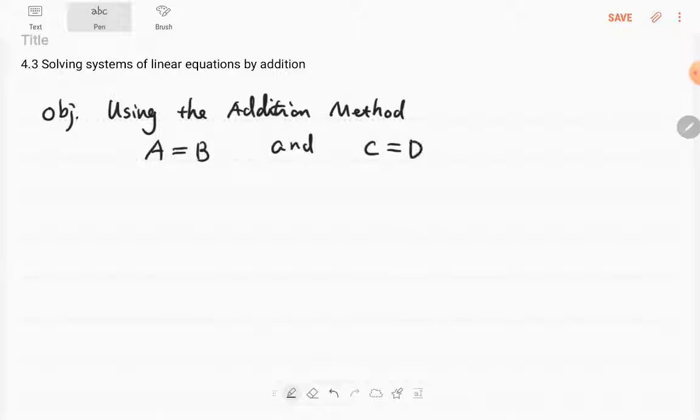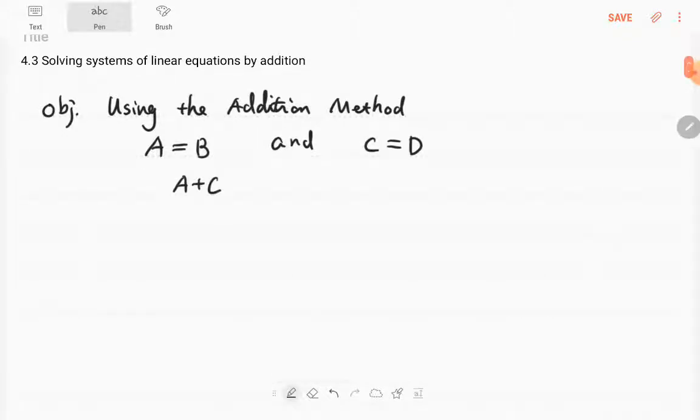If C is equal to D, by using the property of equality, we will get this conclusion: A plus C equals B plus D. So you can treat left side plus left side, right side plus right side. The equation remains equal, remains true. It's still an equation. So let's check some examples to help you understand why we could use the addition method.